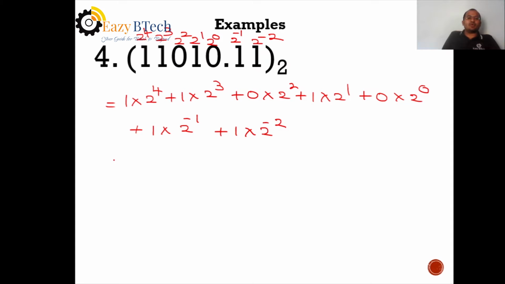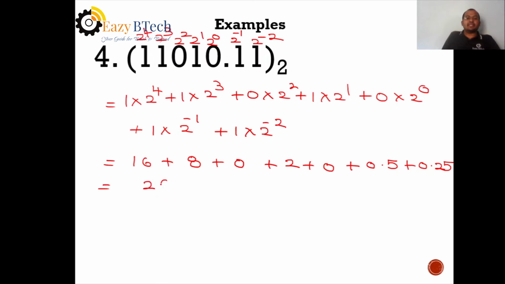Now find the corresponding values. So 2 power 4 means 16, 2 power 3 means 8, plus 0, plus 1 into 2 power 1 means 2, plus 0, plus 1 into 2 power minus 1 means 0.5, plus 1 into 2 power minus 2 means 0.25. So 16 plus 8, 24. 24 plus 2, 26.